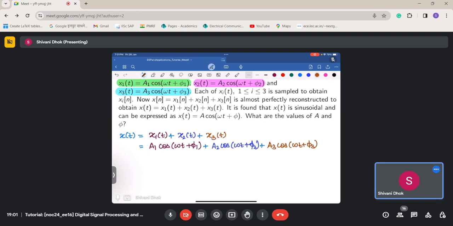Now we'll use the formula cos of a plus b equals cos a cos b minus sin a sin b. This we'll use for all of these three terms.